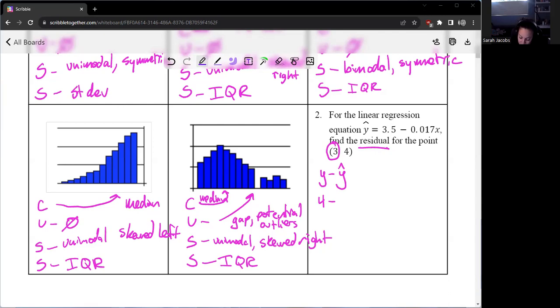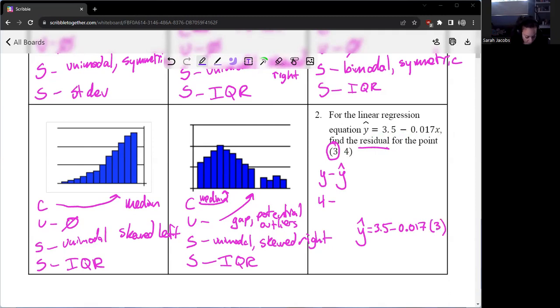Because basically what happened is, in reality, 3 was plugged in, 4 came out. With our prediction model, we're going to see what comes out when we plug in 3. So y hat is equal to 3.5 minus 0.017x, and instead of x, I'm going to write 3.